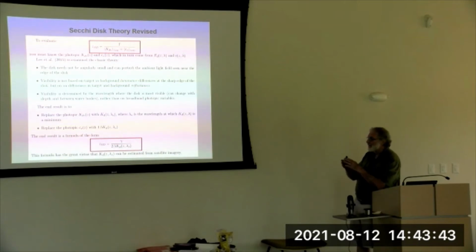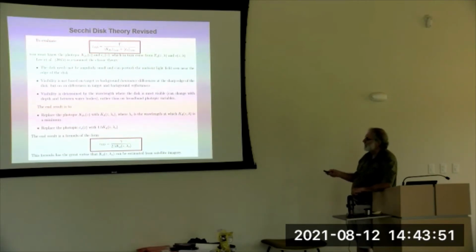what do I want to say? The disk doesn't disturb the ambient background. And he decides that, well, the visibility is determined at the wavelength where the disk is most visible in whatever water it's in.